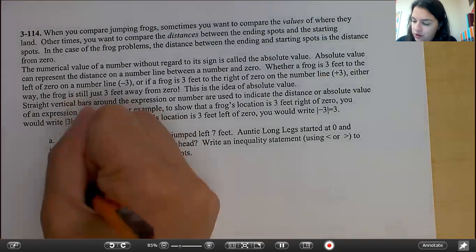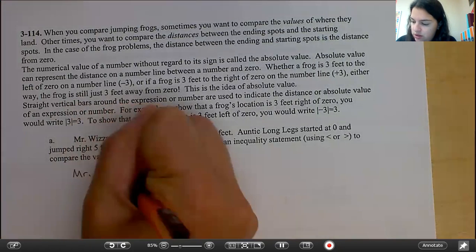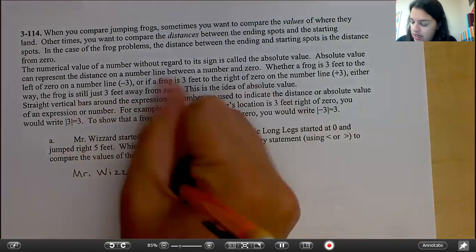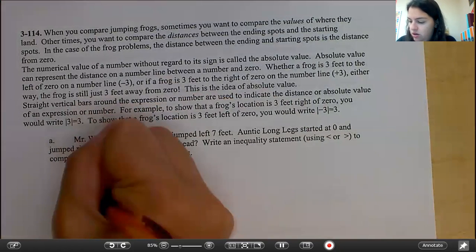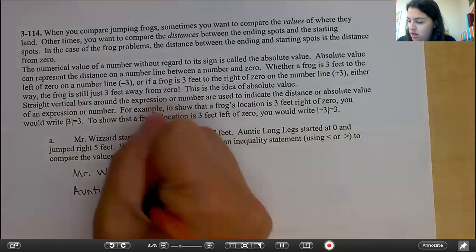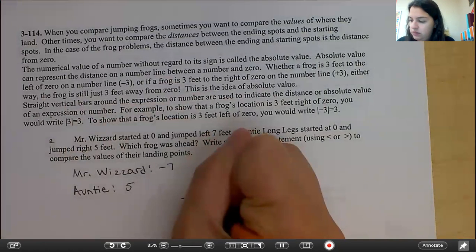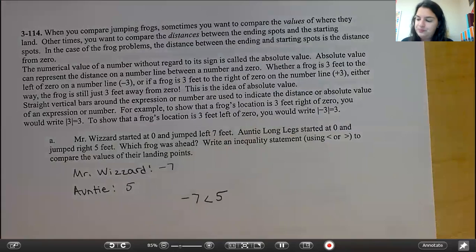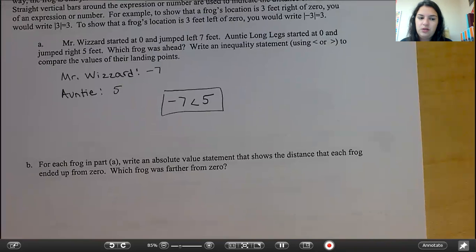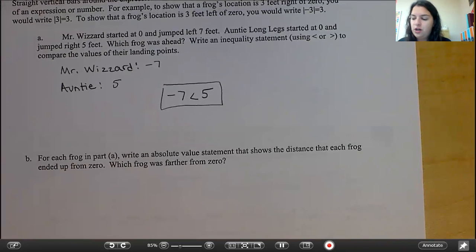Okay, so hopefully for your inequality, you noticed that Mr. Wizard ended at -7 and Auntie Longlegs ended at +5. So -7 is less than 5. That's your inequality. Part B says, for each frog in Part A, write an absolute value statement that shows the distance each frog ended up from 0. Which frog was farther away from 0? So go ahead and pause and try this.